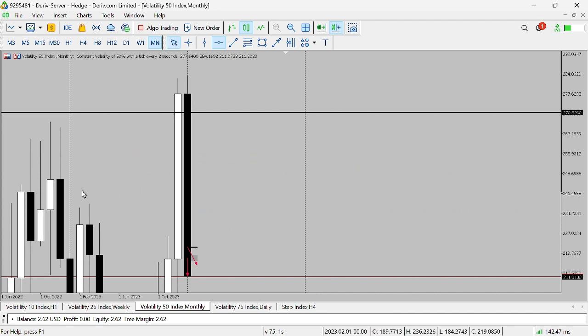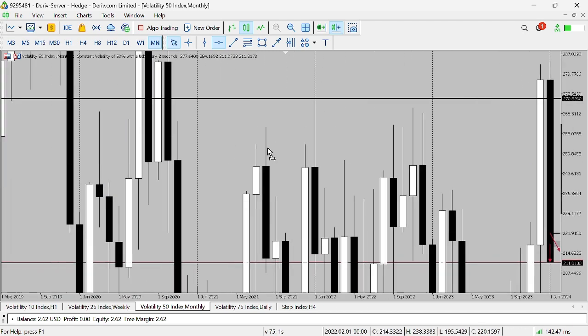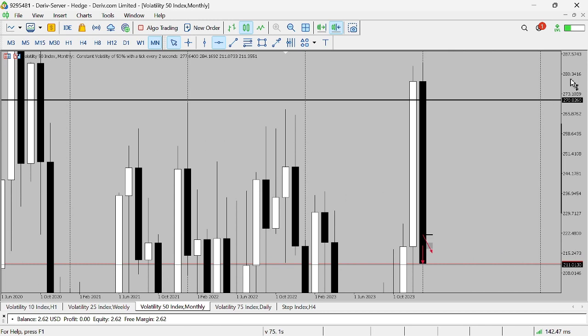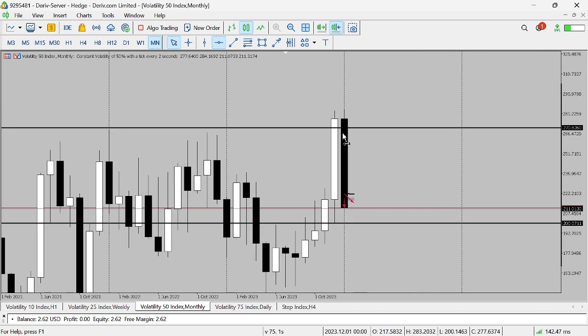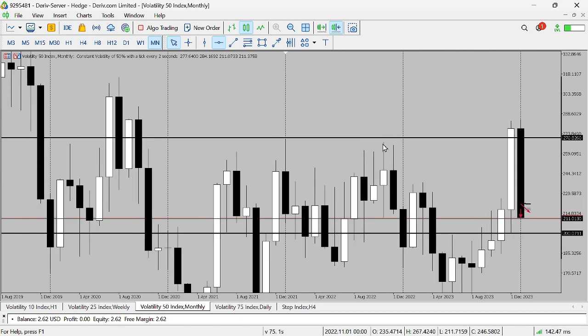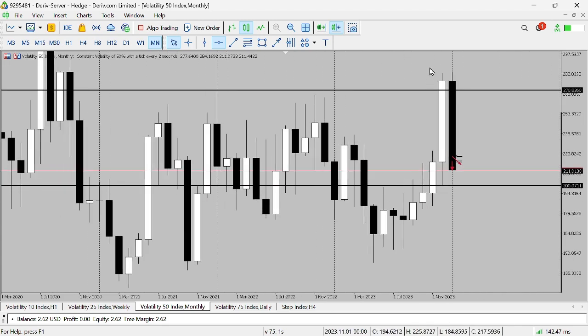We've cleared a lot of buy side liquidity. You can see you've cleared this high and these highs. Buy side liquidity has been cleared, and what is resting here? Sell side liquidity. So this was just consolidating, and we've cleared the buy side.